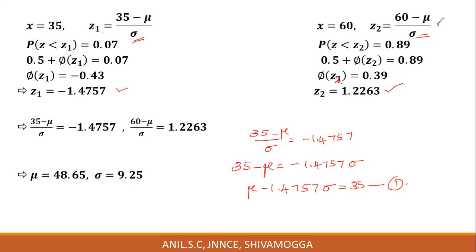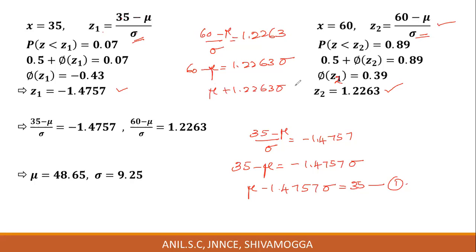Similarly, by considering this expression, Z2 is equal to 60 minus mu divided by sigma, and Z2 is 1.2263. Therefore, 60 minus mu is equal to 1.2263 into sigma. Therefore, mu plus 1.2263 sigma is equal to 60. Let this be equation number 2.